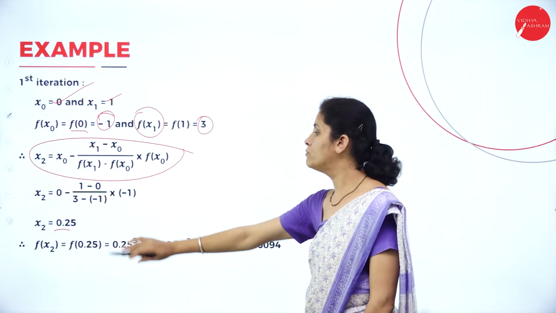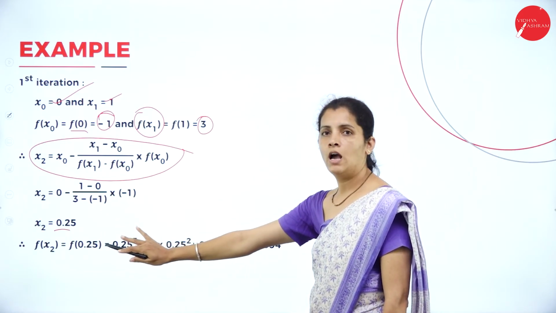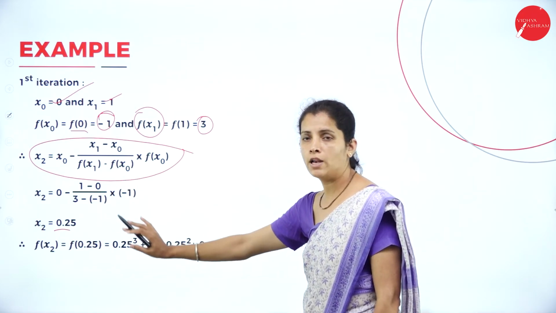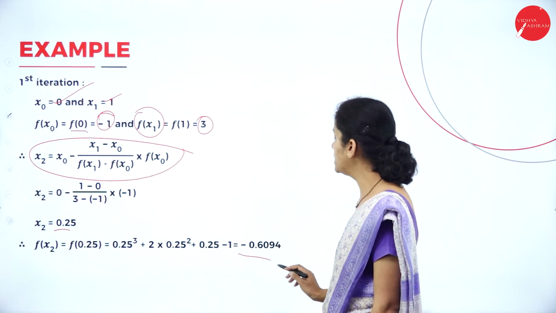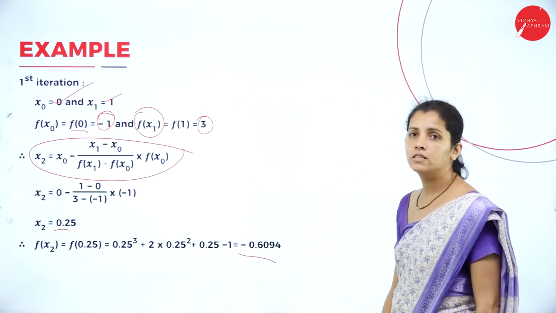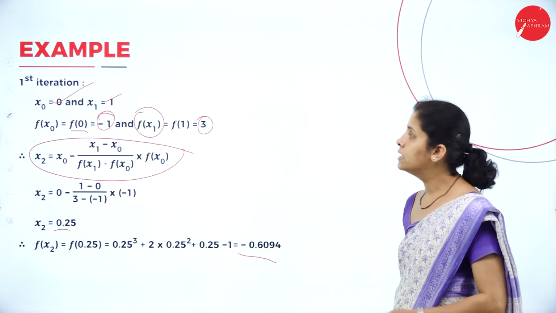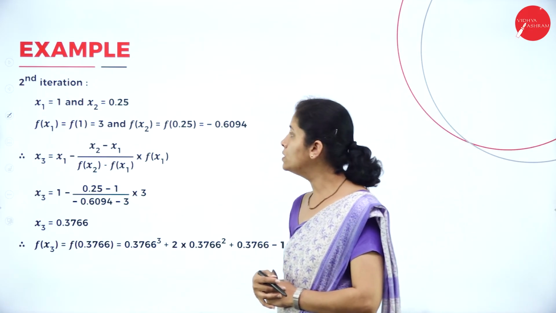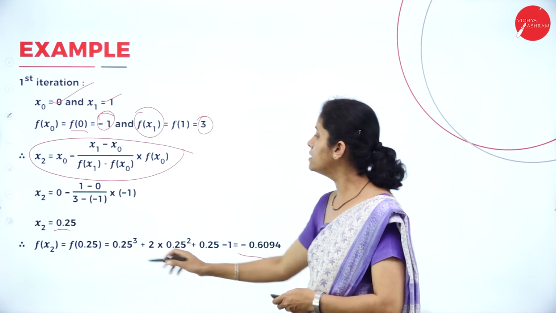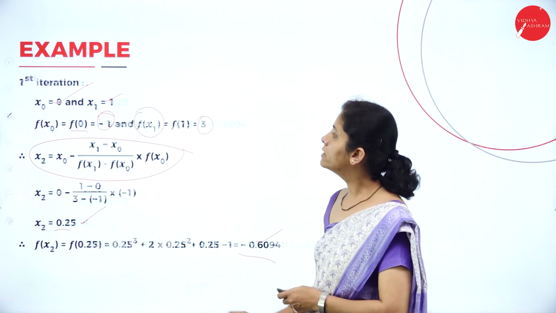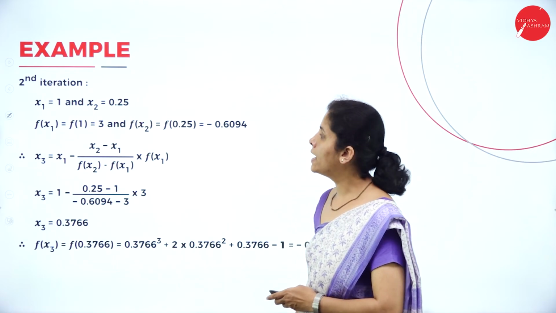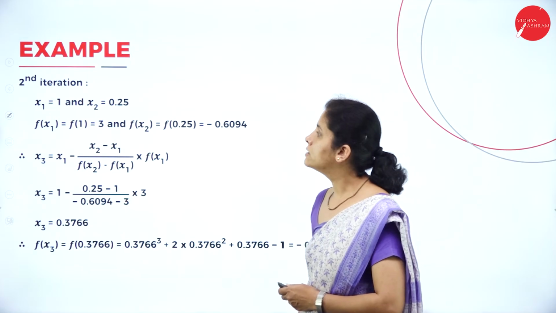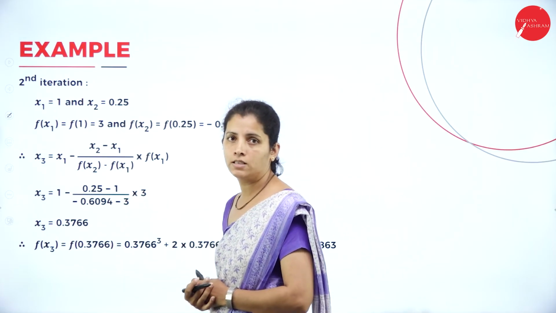Now I just want to find f of x2. After substituting this value in this equation, I'm getting minus 0.6094. Now, if I consider iteration 2, whatever the present value I have is my x2, and whatever my previous x1 value is stays as it is.